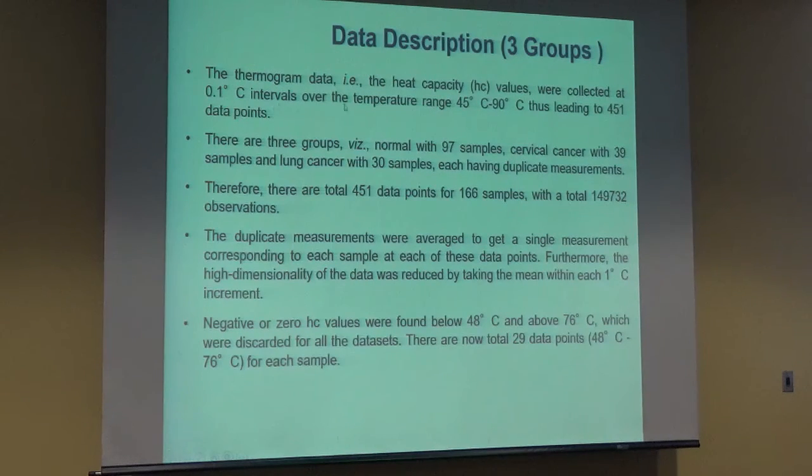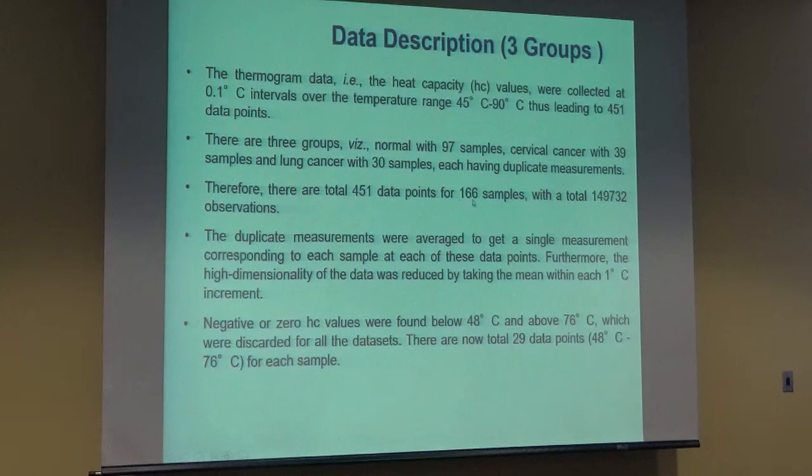So here we have the data collected, as I said, at 0.1 degree centigrade intervals over the temperature of 45 to 90, leading to 451 data points, 97 normal samples, 39 lung cancer, 39 cervical cancer, and 30 lung cancer.